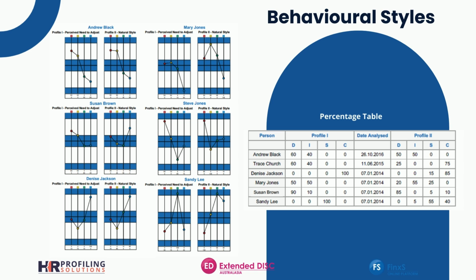But beware that if you take the profiles out, it's not as easy to analyse, say, special cases that are going on. And I have to say, from my point of view as a consultant, these special cases can tell a lot of information about what the team is going through.